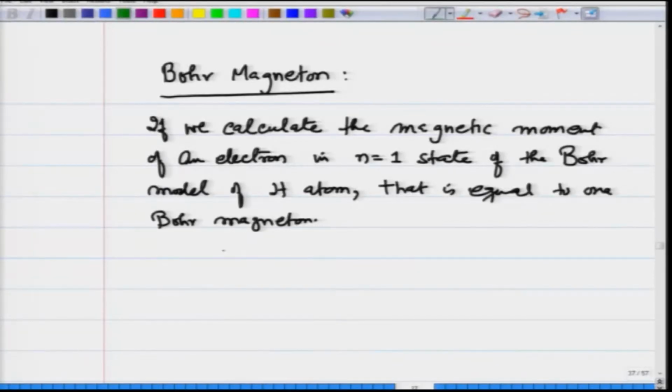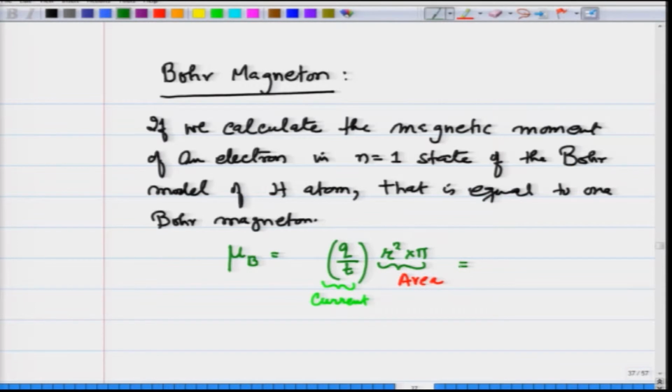So, let us see, if I calculate mu B, this will be equal to the charge per unit time going around in the orbit, which is equivalent to current, times r square times pi, where this is the area of the orbit and the first term is the current, which I can write as e over T, where T is the time period.